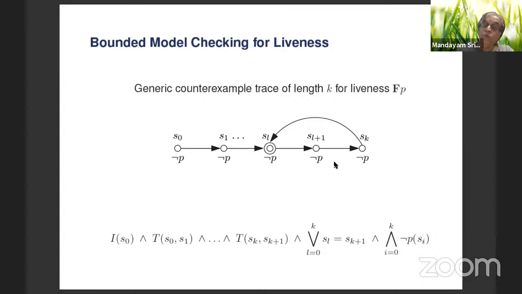Of course, you will have to generate formulas. I've illustrated how you could generate a formula for doing bounded model checking. Bounded model checking means you have to generate, for each formula, something whose unsatisfiability guarantees the absence of counterexamples up to a bound of k.